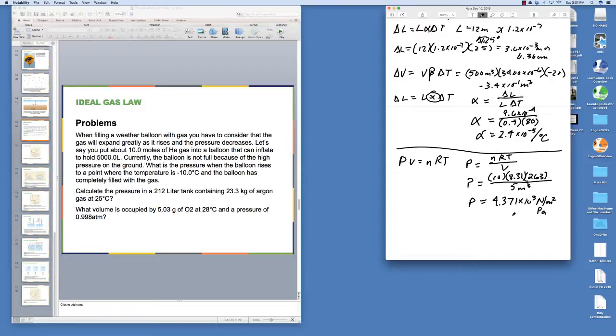Calculate the pressure in a 212 liter tank that has 23.3 kilograms of argon gas at 25 degrees. Again, we're doing pressure, so let's just write that same formula down that we had up there. And if we need the moles, I looked it up, the molecular weight of argon is 40 grams per mole.